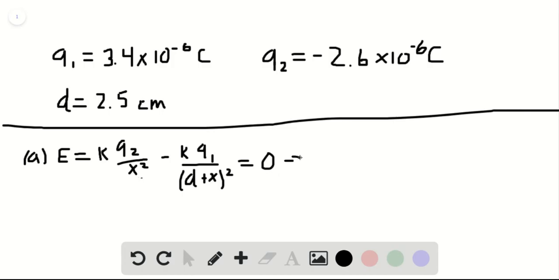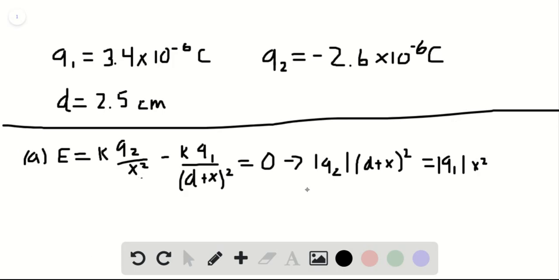So therefore, and we're only caring here about the magnitude of the charges, Q2 magnitude times d plus x squared is equal to the magnitude of Q1 charge times x squared.